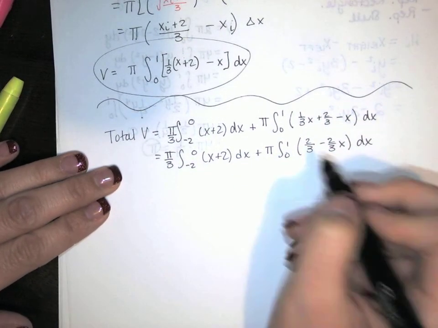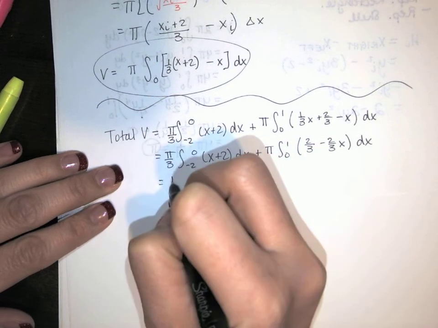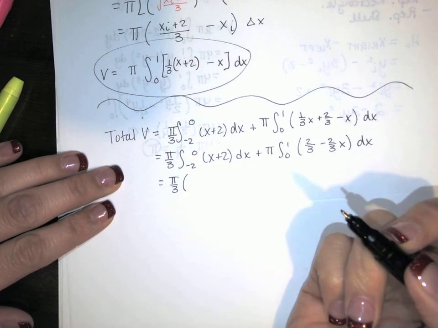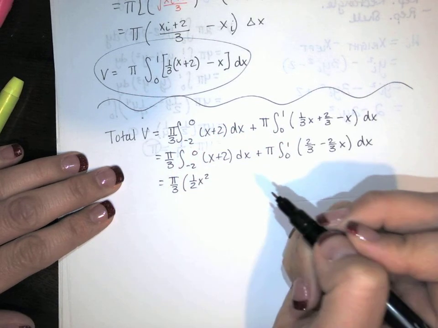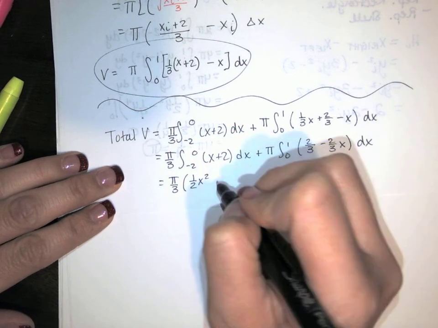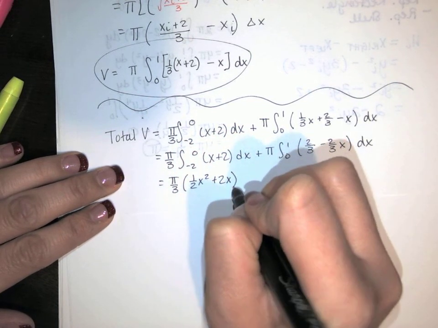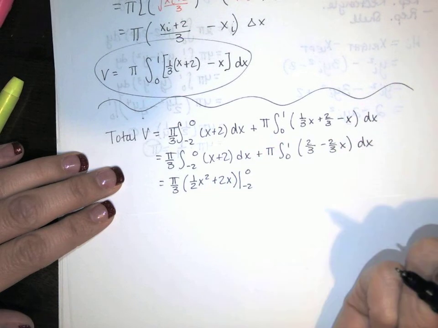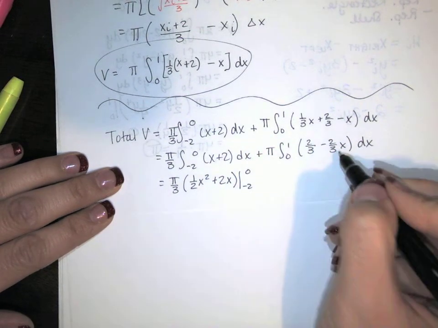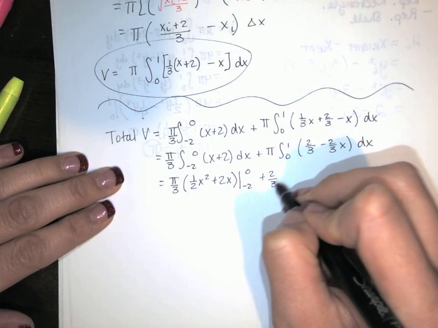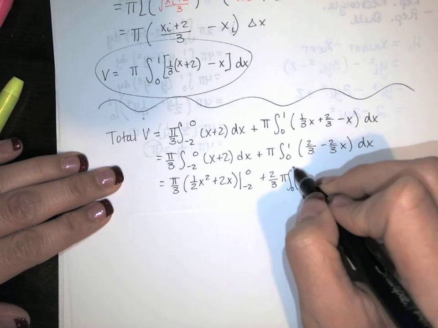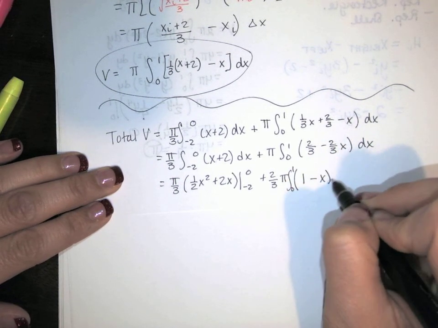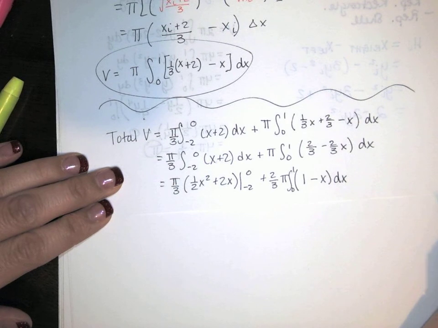Alrighty. If you want, you could factor out 2/3 there as well. Now let's just anti-differentiate. Add 1 to the exponent, divide by the new exponent. The antiderivative of a constant is constant times the variable of integration, this time it's x. Over here, I'm going to factor out the 2/3. And now I've got the integral from 0 to 1 of 1 minus x dx.